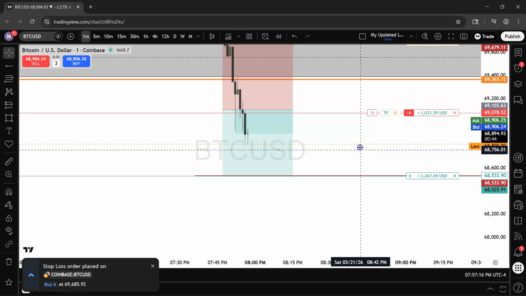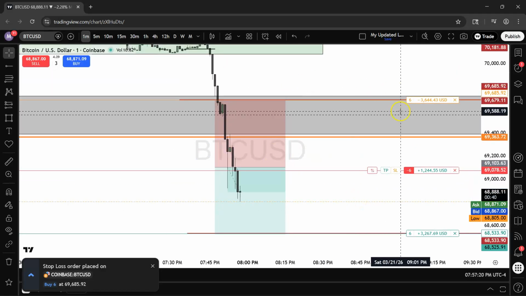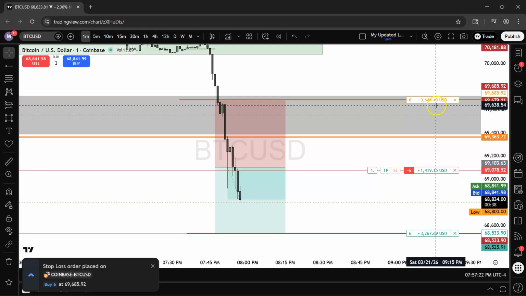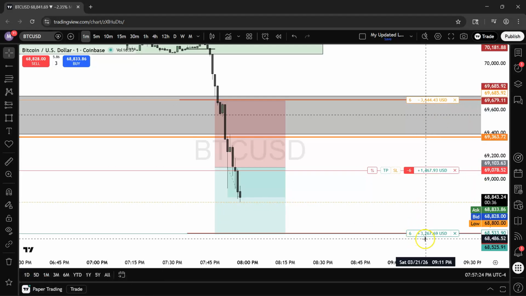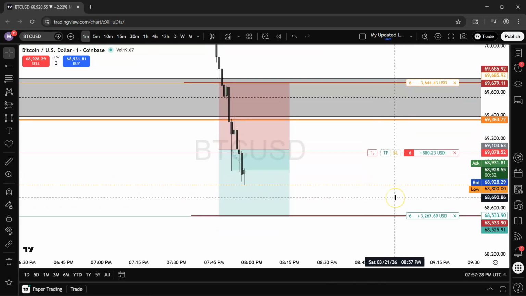So my risk to reward ratio is a 1-to-1. I'm risking $3,644 to make $3,267. Now we just have to wait to see if it's going to hit TP.